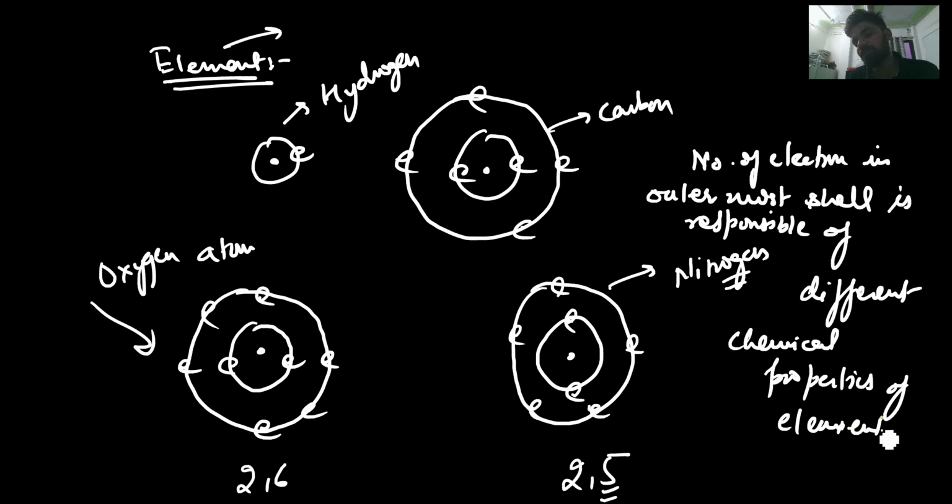If I'm saying that carbon behaves differently from iron, why does it behave differently? Because they have different numbers of electrons in the outermost shells. Why the outermost shell, we will discuss later.